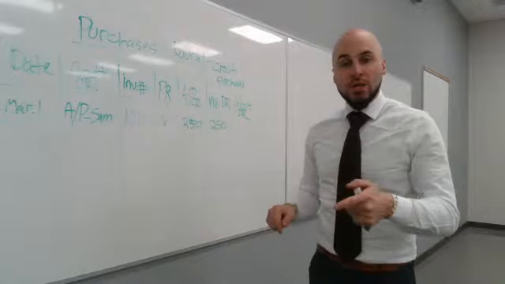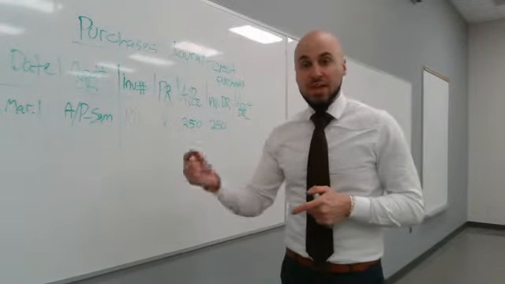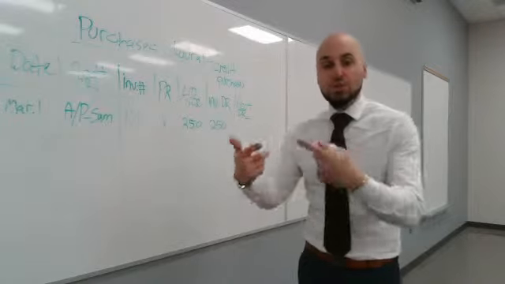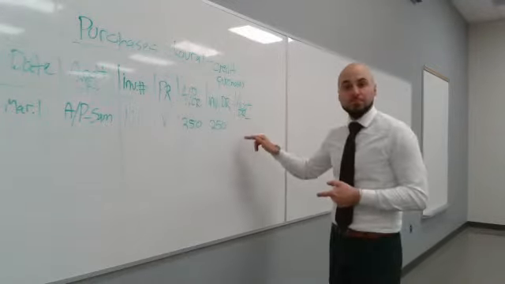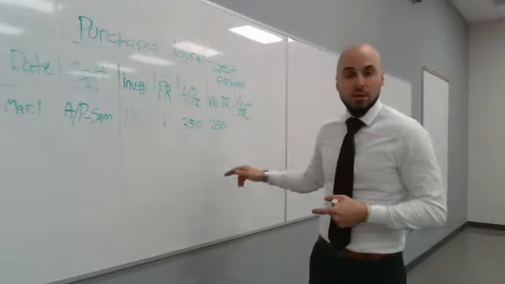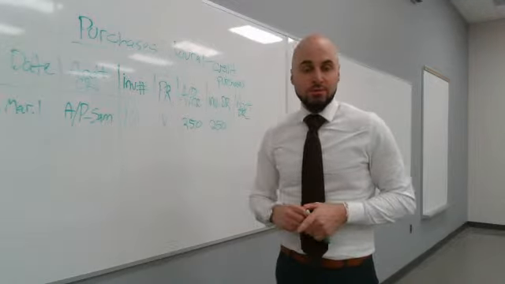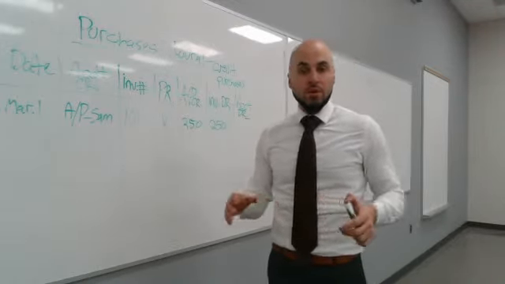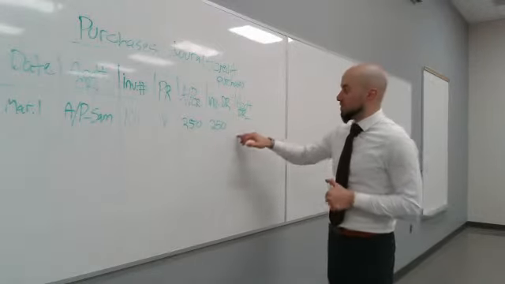If you are purchasing another asset besides inventory, and therefore using that asset in your business, let's say equipment, machinery, supplies, ovens, whatever other asset you're talking about, that's what you will specify here.